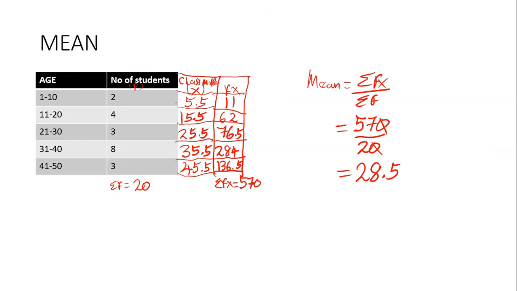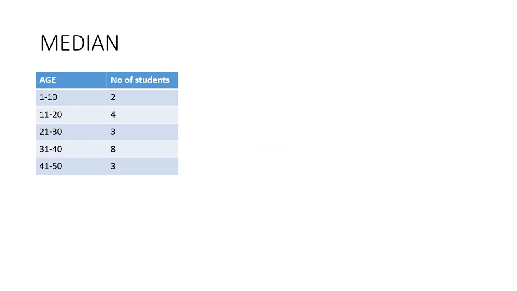So without wasting much time, let's go to the next one, which is the median. Now, using the same grouped data, we want to look at how to compute the median. Now, to calculate the median, you need to know the formula for the median.